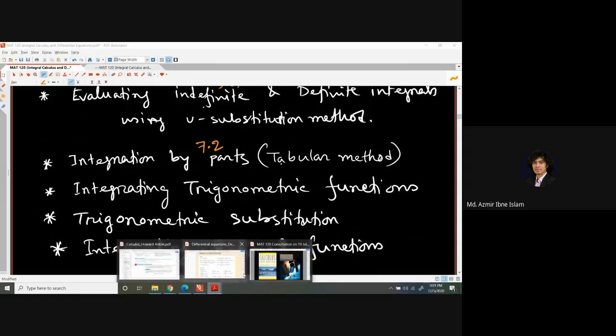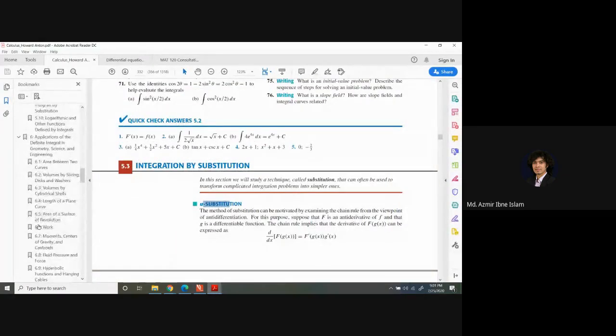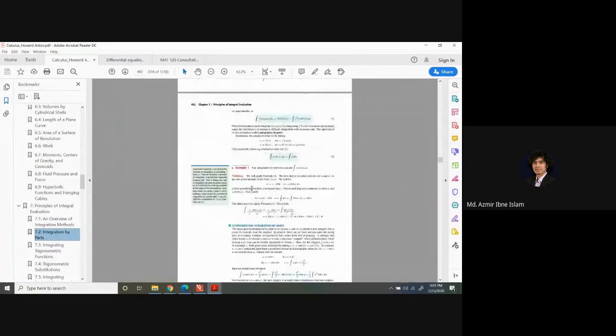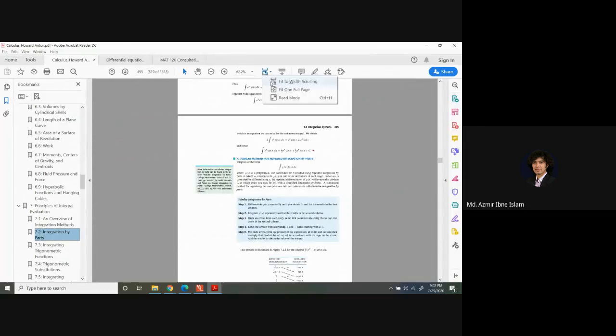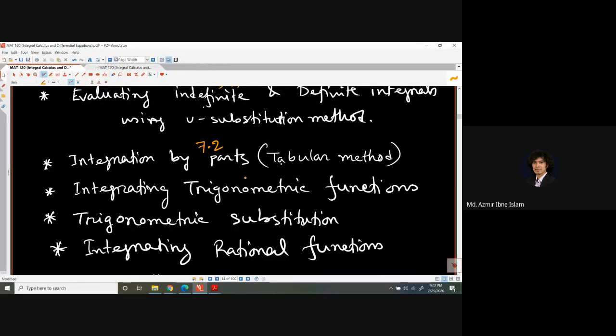Let me show you section 7.2, integration by parts, and you will see another method that is called the tabular method. Then integrating trigonometric functions can be found in section 7.3.